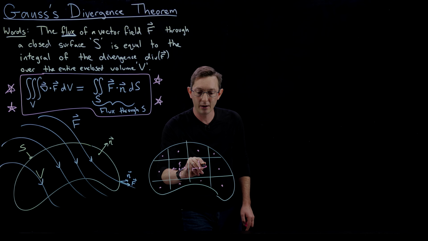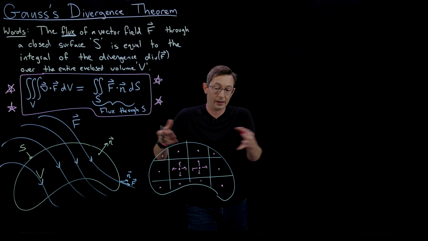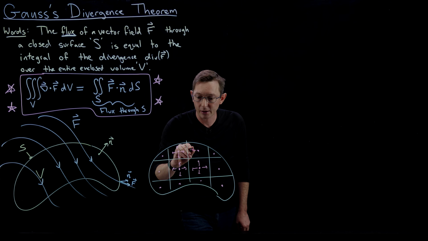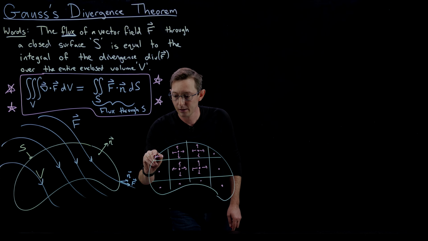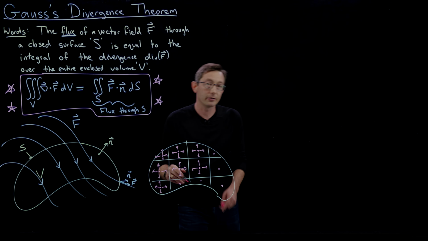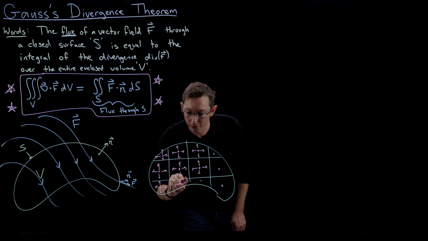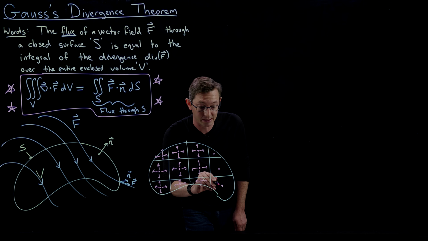Maybe I have some positive divergence here and some positive divergence here. Let's say my flow is kind of expanding, and some positive divergence. Okay, I'm just going to draw this. I'm not going to draw any of these negative because it's a little harder to visualize. And I've got this guy here. Now the idea is, and this requires that my vector field F is continuous, to do the divergence theorem, to take this limit as all of these grid cells become infinitesimally small.